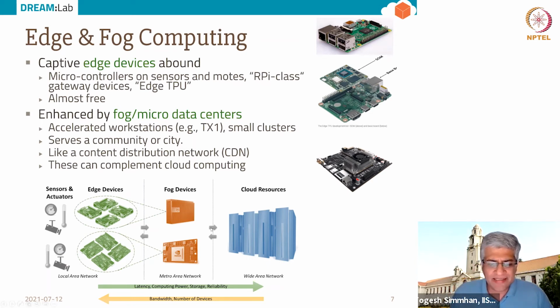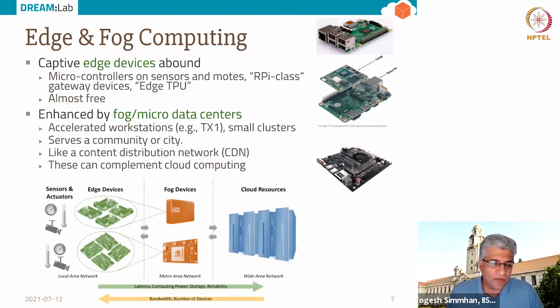Fog computing is something that is still close to the edge from a network topology perspective, right? If you think of a cloud data center, it might be hundreds or thousands of kilometers away from where the physical devices are present, because typically you might have just a few cloud data centers for the entire country. Likewise, the edge devices are typically alongside the sensors.